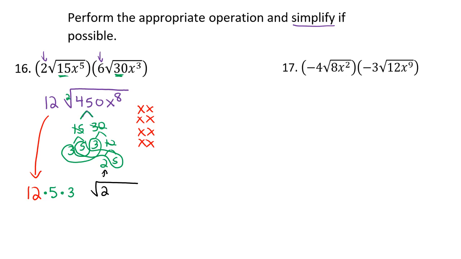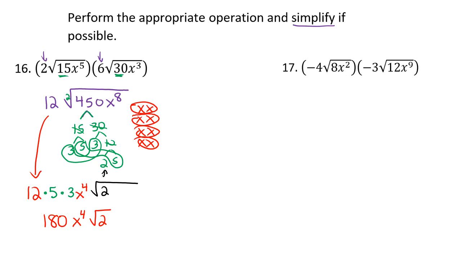And once again, index is 2, so 2 of the same thing. I'm going to have 4 circles for x's, so I have x to the 4th. And now I'm just going to go ahead and do 12 times 5 times 3 gets me 180 x to the 4th square root 2. I don't have any odd exponents, so I don't have to worry about absolute value signs for this problem.